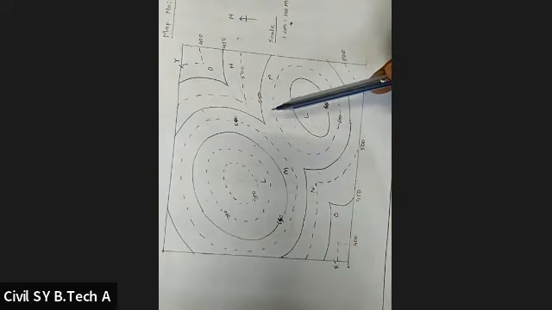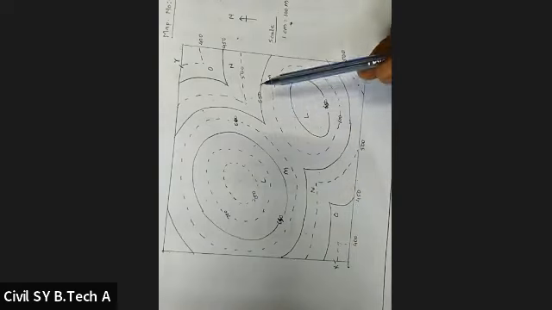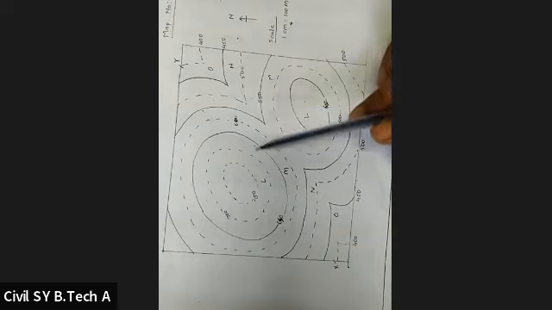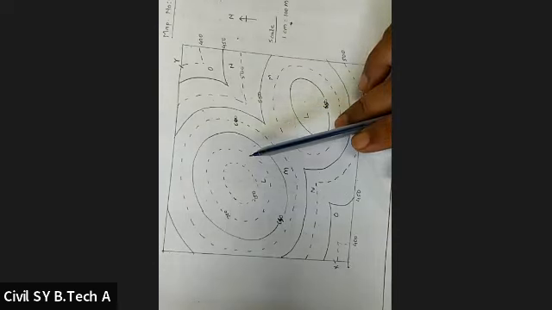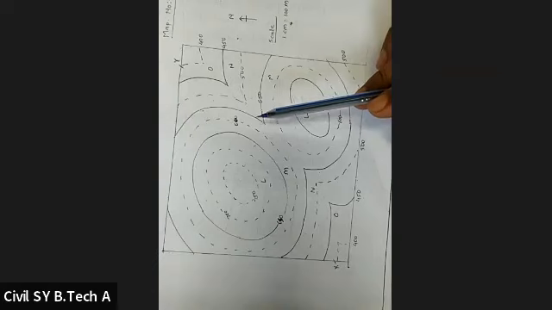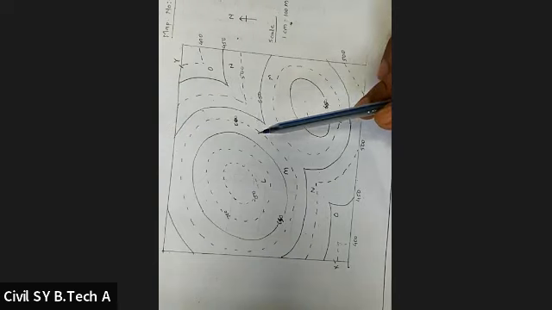So in the first map which we have seen, the horizontal series was there, where the bedding planes and contours are parallel to each other. They don't intersect with each other. We have seen the procedure to draw the cross section of the horizontal series map, and how to write the theory regarding that map.